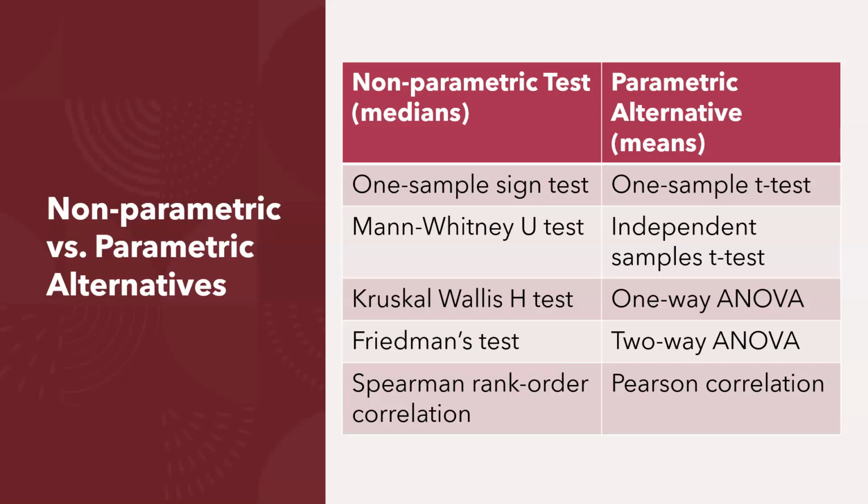The main non-parametric tests are one-sample sign test, Mann-Whitney U-test, Kruskal-Wallis H test, Friedman's test, and Spearman rank order correlation. They are like a parallel universe to parametric tests.